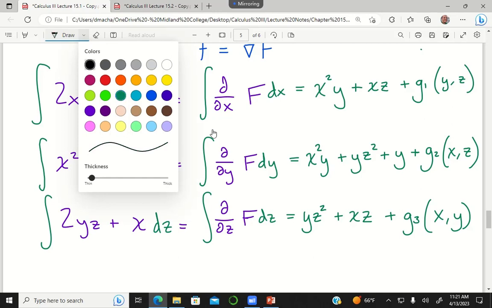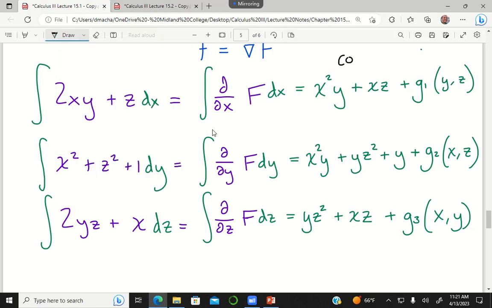our last job here is we're going to compare these three different expressions that I got for my potential field, right? All three of those are valid potential fields. And by being a good detective, you can find out what g1, g2, and g3 are.